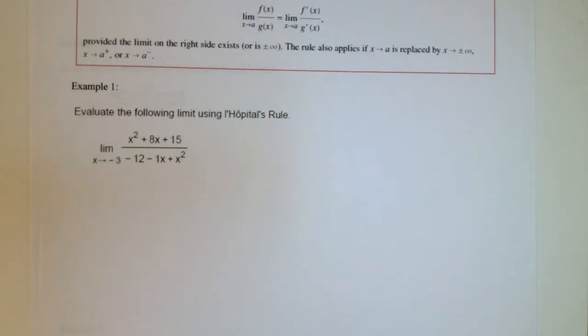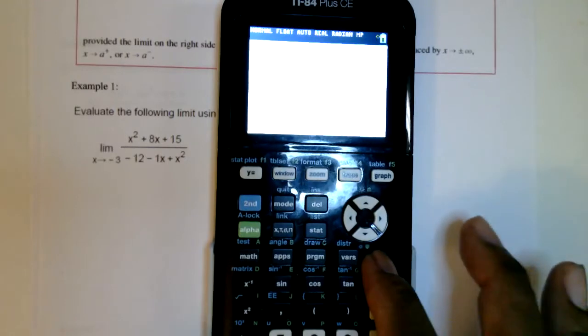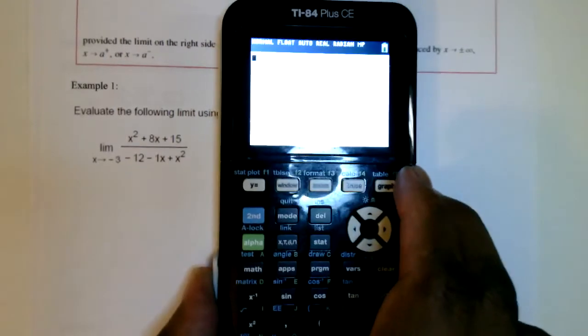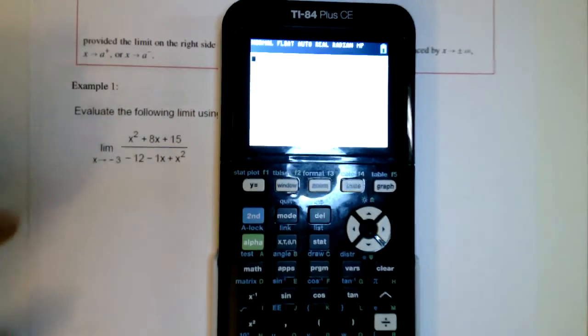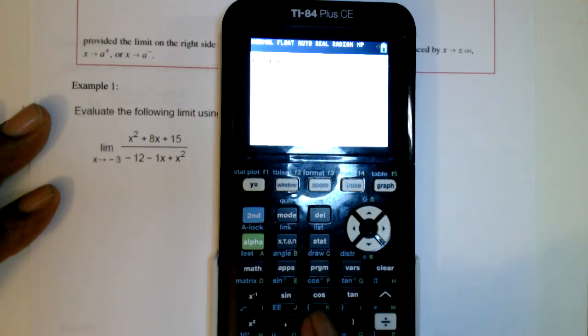Now, if you were to use direct substitution, and I'm going to do this on the calculator to show you, substituting the x in the numerator with -3, you'll have -3 squared plus 8 times -3 plus 15. That numerator will be 0.